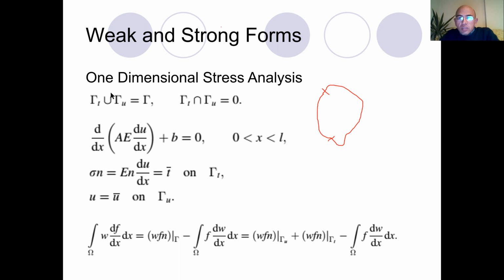So this basically means that we have some specified displacement at certain locations, and we have some external loads on certain part of the boundary.